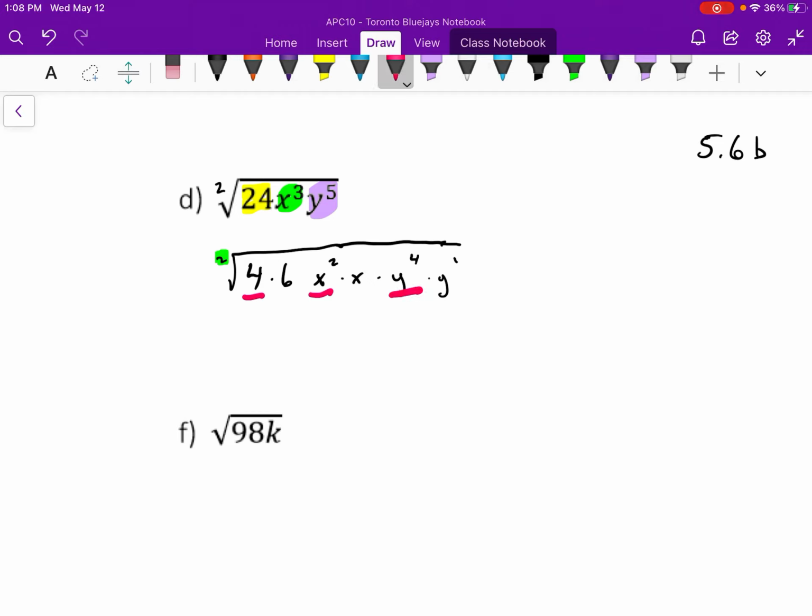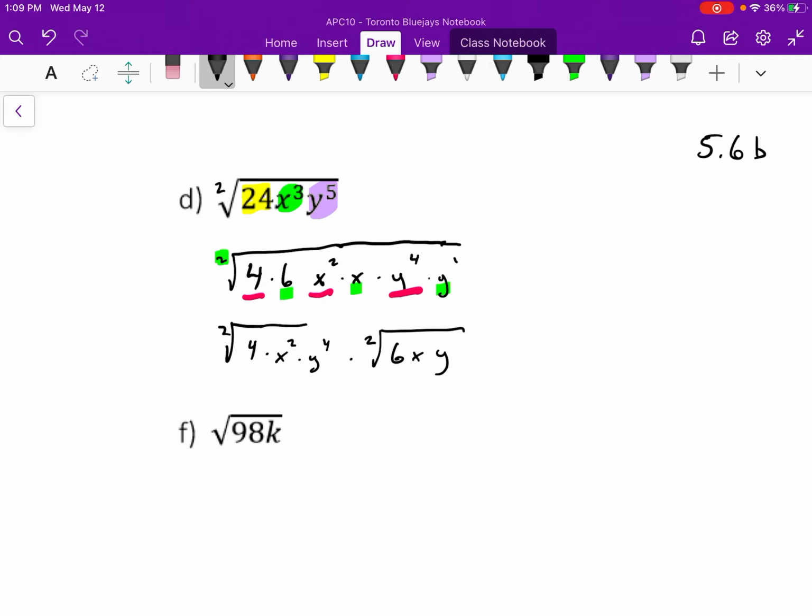So I'm just going to underline all those things that I can take the square root of, and I'm going to reorganize them and put them all together. Everything that I cannot take further square roots of, I'm going to put together. So now this is the square root of 4 times x squared times y to the power of 4, times the square root of 6xy.